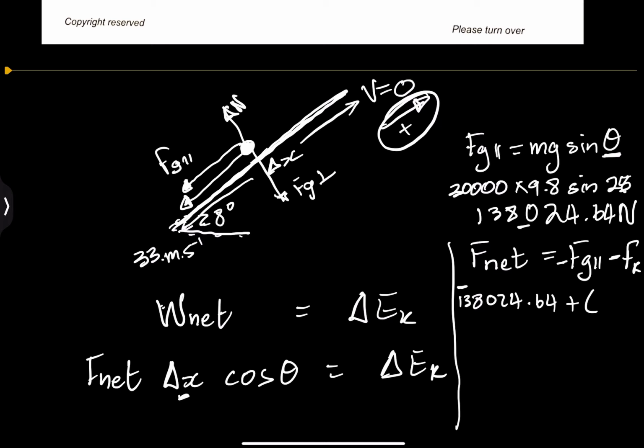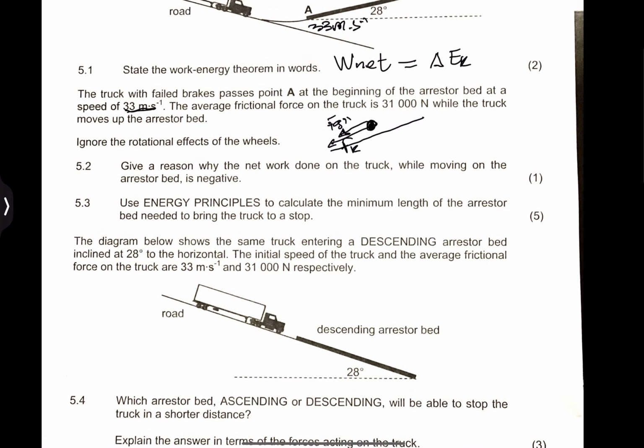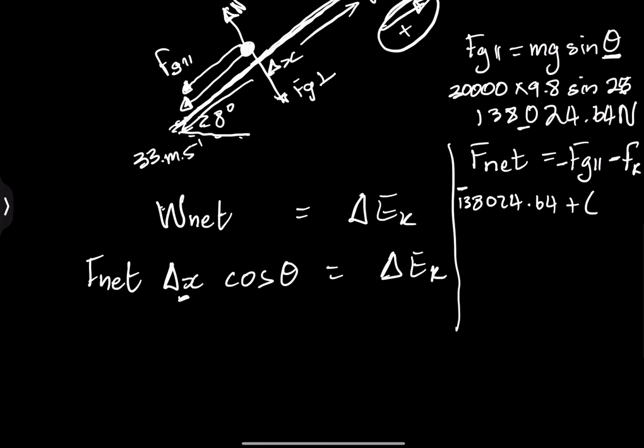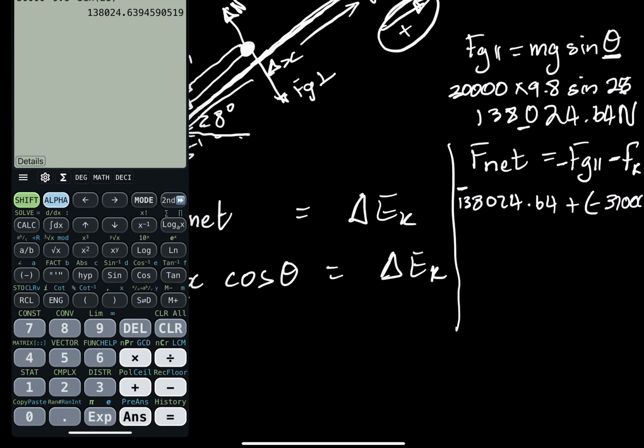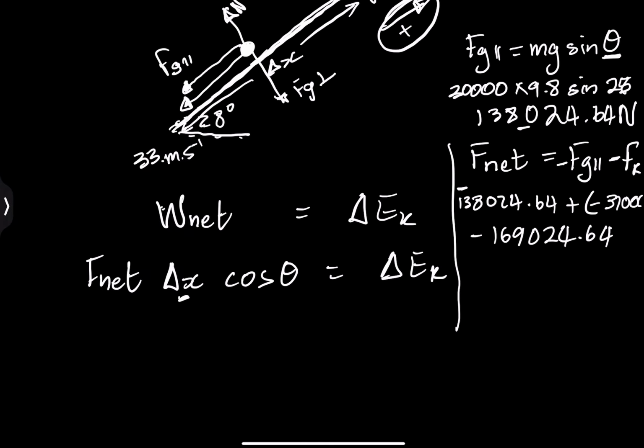Our frictional force value, I think, was 31,000, correct? So that was negative 31,000 newtons. If we add those two up, so that's plus 31,000, I get a force of minus 169,024.64 newtons, right?